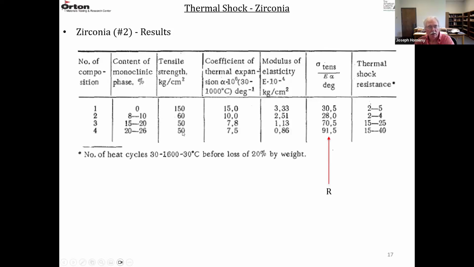And these are the same tensile strengths we just showed, decreasing with increasing monoclinic phase content, and the thermal expansion coefficient also decreases with the monoclinic phase content because of the lower thermal expansion coefficient of the monoclinic phase.